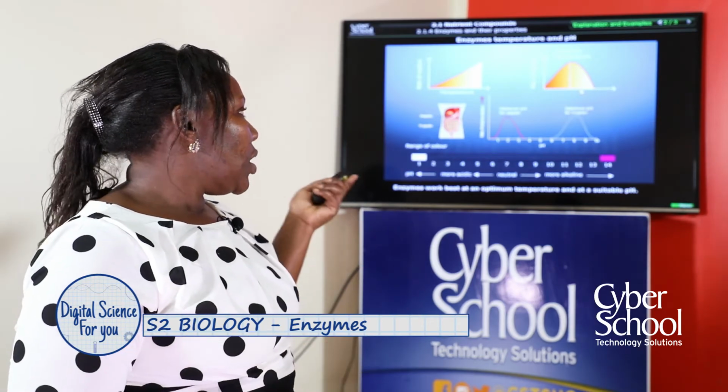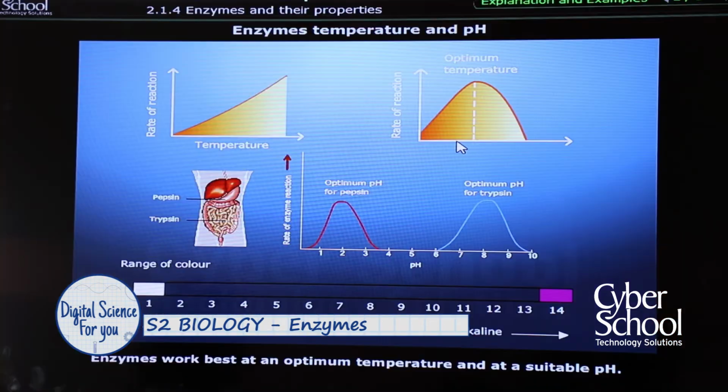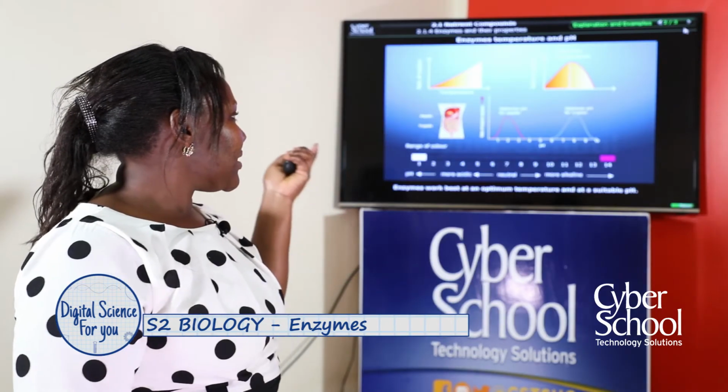We say low temperatures inactivate enzymes, high temperatures denature enzymes, and that's why the rate of reaction reduces. Optimum temperature activates all the enzymes, and we have the highest rate of enzyme activity. And that is it for temperature. We can actually do experiments on these, but let's first go on to pH.